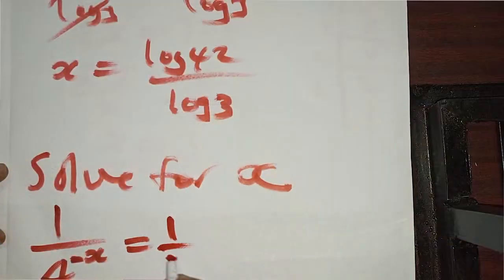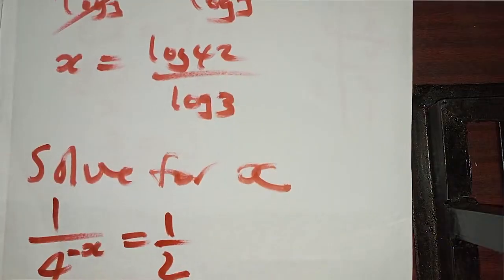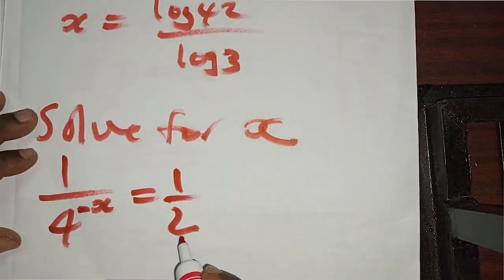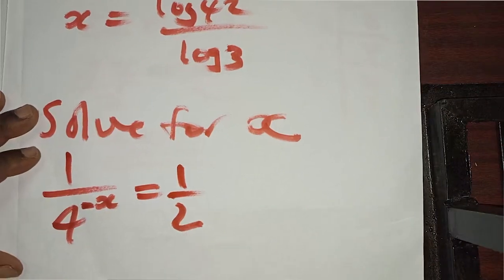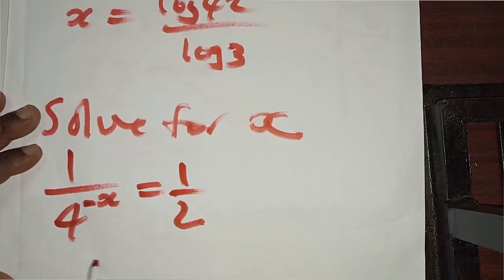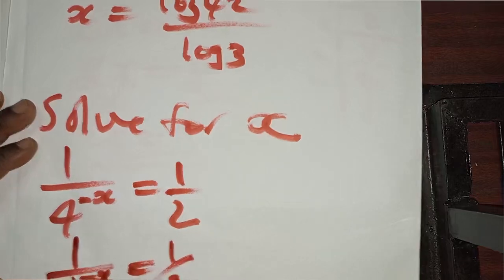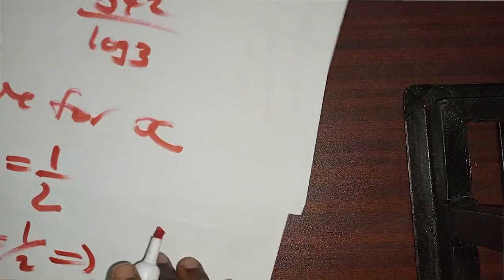So here is a matter of cross multiplication of 1 over 4 to the power negative x equals 1 over 2, which implies to say, we'll say 2 times 1 equals 4 to the power minus x times 1. So in this case, we are going to have 2 equals 4 to the power minus x.